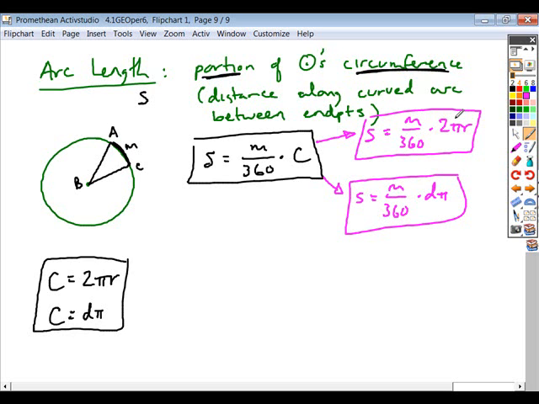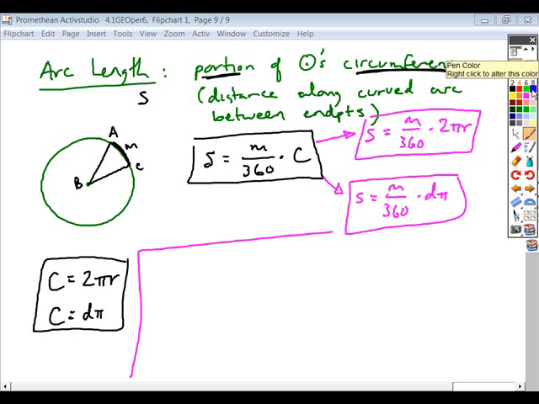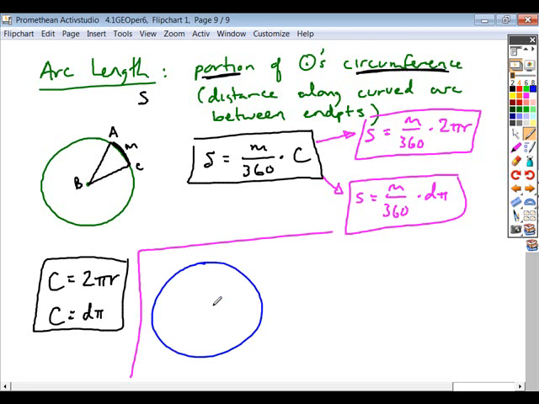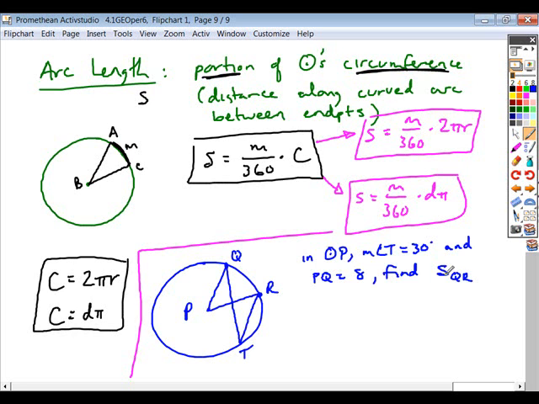Okay. So here's the type of question that you might see in a real basic sense. We'll do some more advanced examples tomorrow. But let's say I gave you, in circle P, all right, so this is lowercase s, not capital S. Capital S is segment.